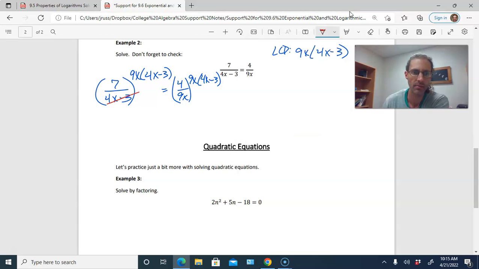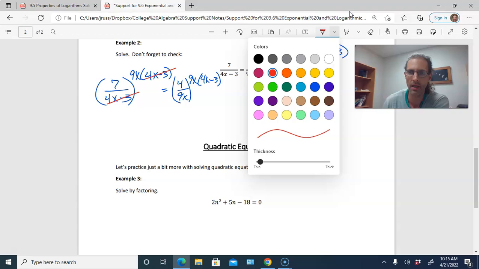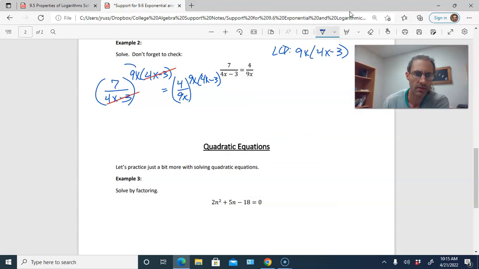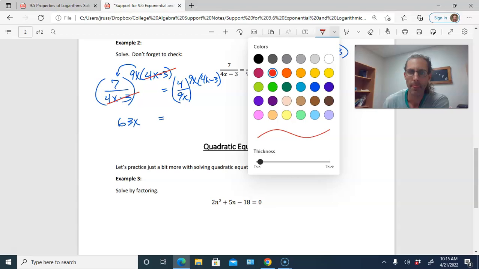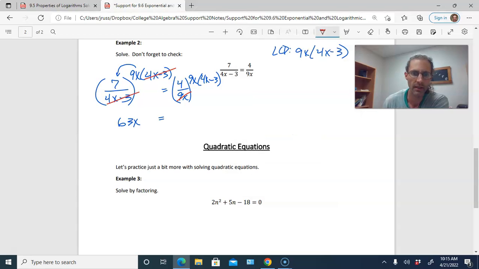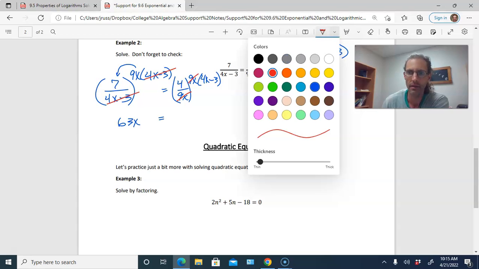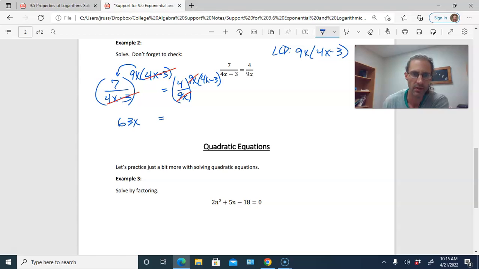So the 4x minus 3's on the left-hand side, that's going to leave us multiplying a 9x times a 7, which is a 63x. And on the right-hand side, the 9x's will divide out, and that's going to leave us distributing this 4 to both of those terms. So 4 times 4x will be 16x. And 4 times that negative 3 is negative 12.